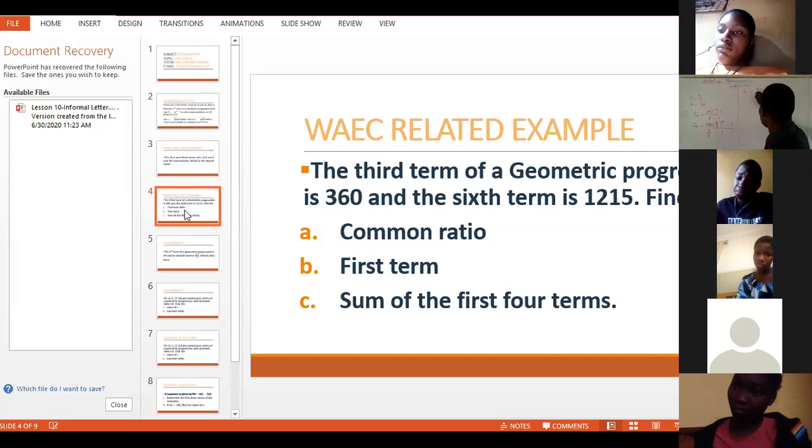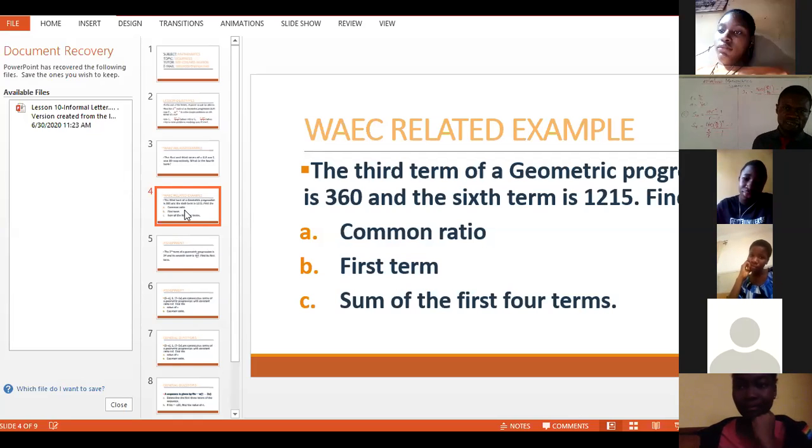From here, let's put a bracket here so that we'll know this is multiplication, all over 3 raised to the power 2 minus 1. How do you work this out? This 3 over 2 minus 1 is the same thing as 3 over 2 minus 1 over 1. And of course, the LCM will be 2.